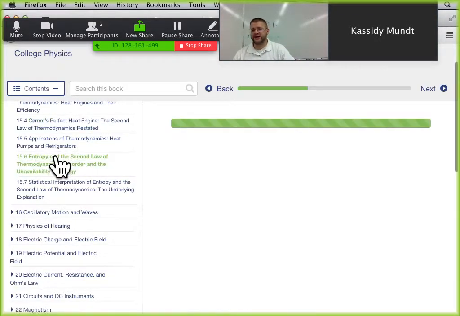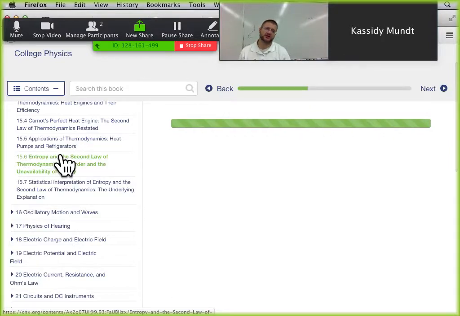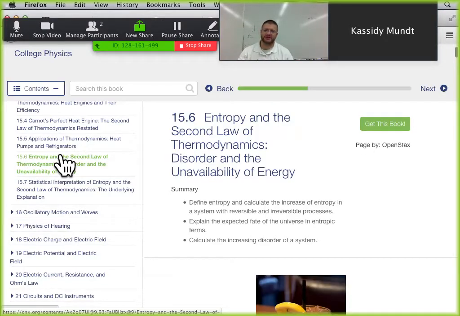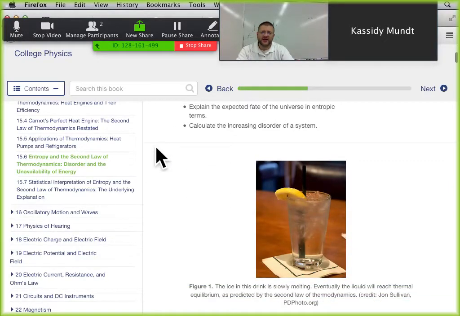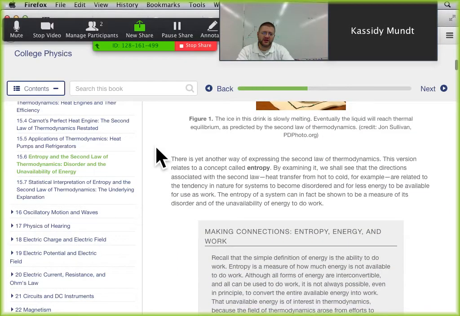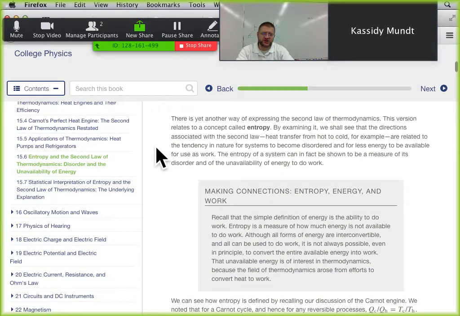Now we move on to entropy. Entropy is a little bit of a mysterious thing, but it is a result of, or a consequence of the second law of thermodynamics. And entropy is a measure of irreversibility of a process.